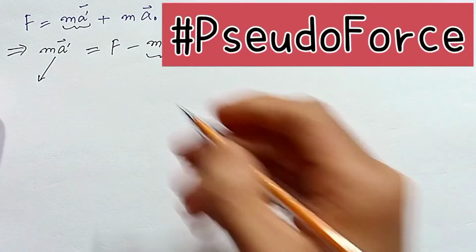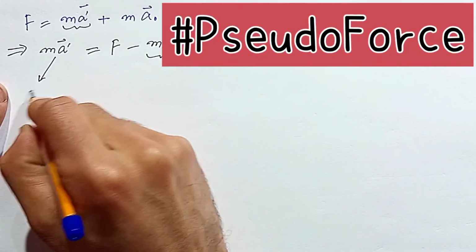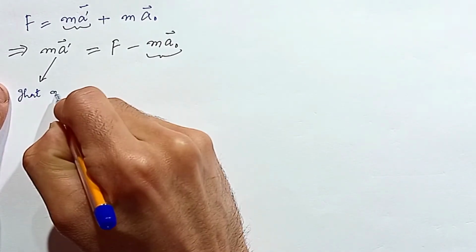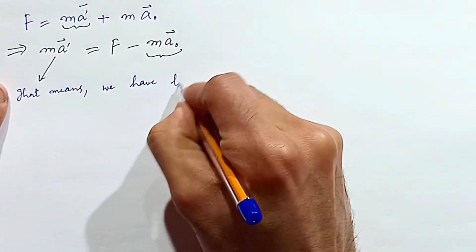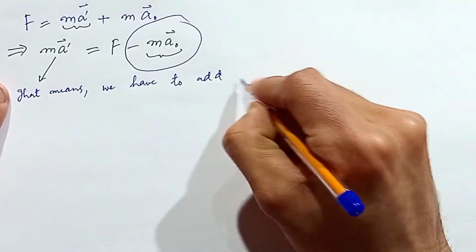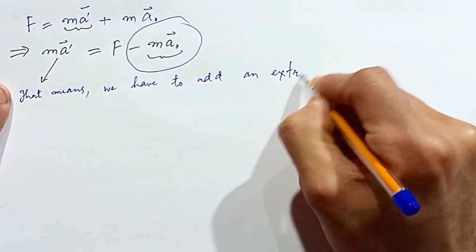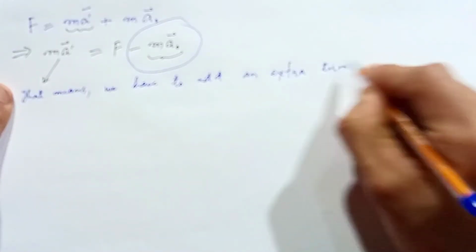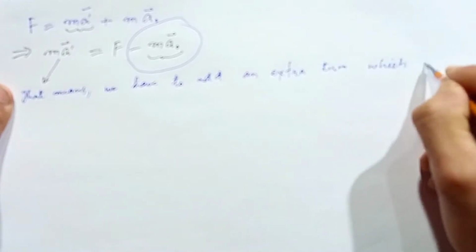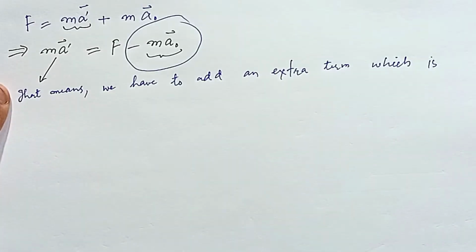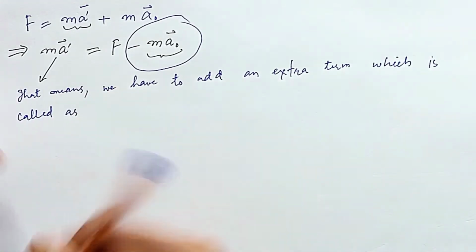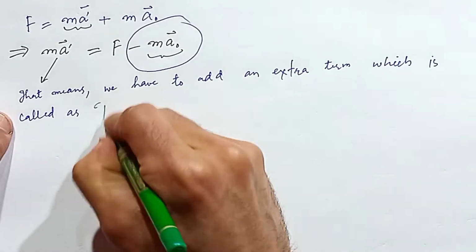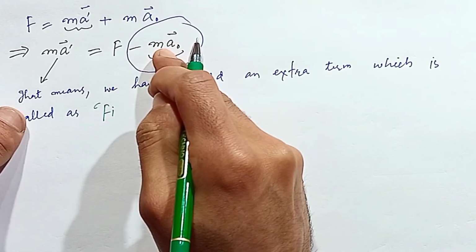So we have to add an extra term, which is called the fictitious force, because this is also a mass times acceleration.